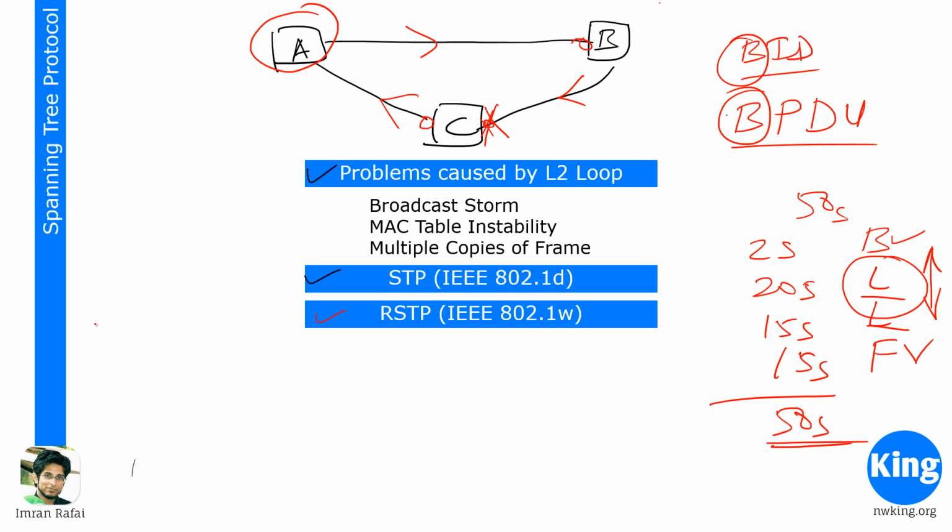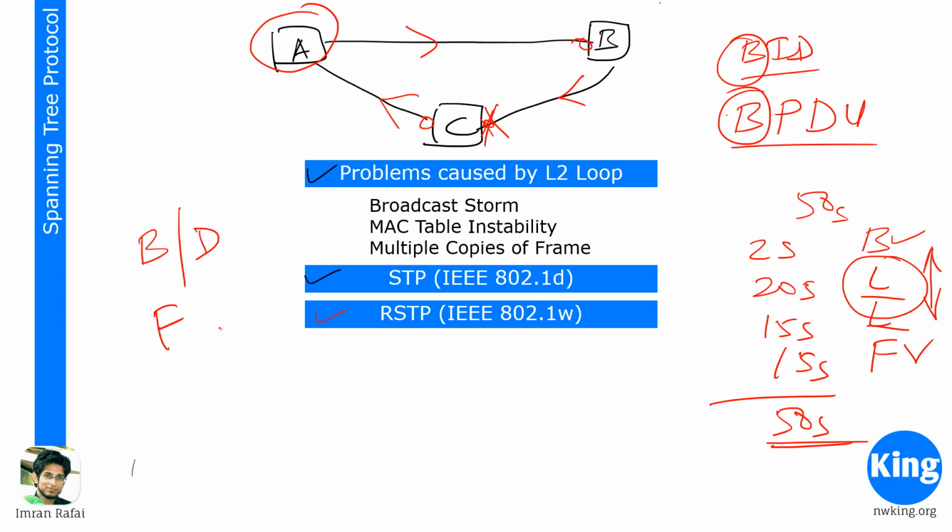But in RSTP, the blocking state is called the discarding state, and then there were no intermediate states. Directly it goes to the forwarding state. From blocking state to forwarding state, it would directly go in.